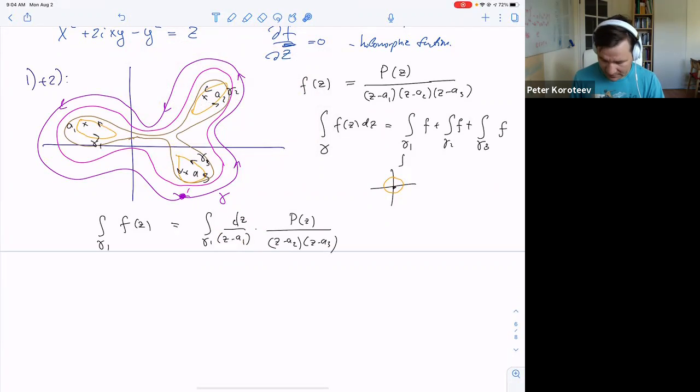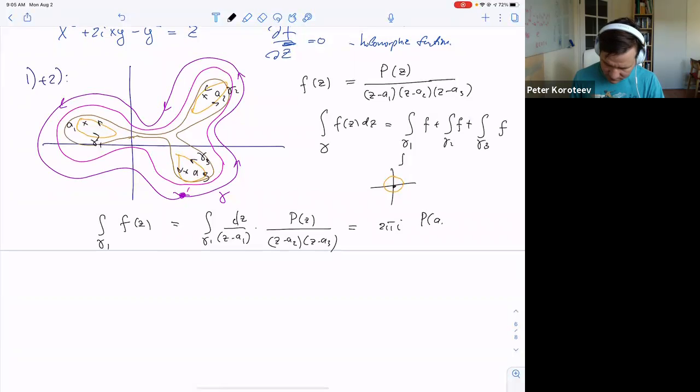And this function is well defined at z equals a1. In fact, it's defined everywhere inside this disk. So which means that the answer is equal to 2 pi i, and instead of z we substitute a1. Right, that's it.